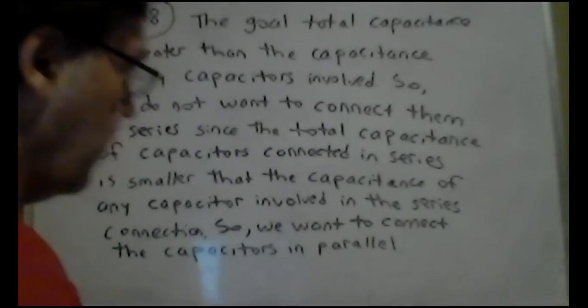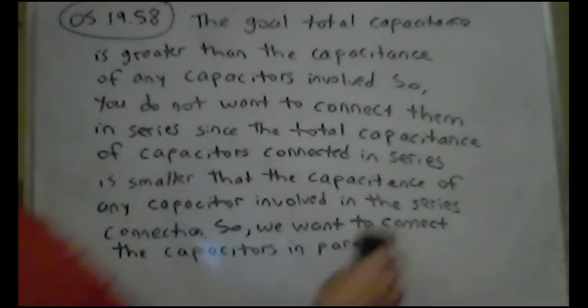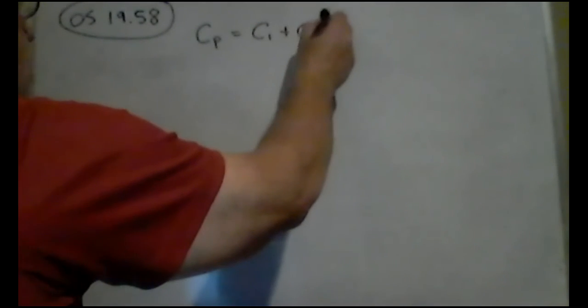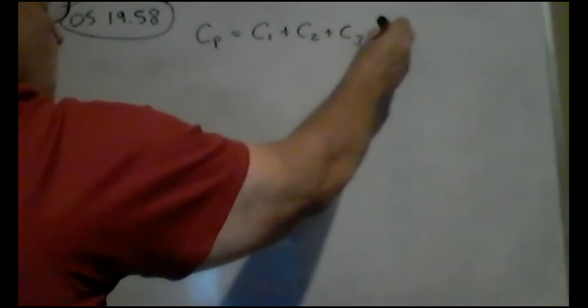We know how parallel connections work. We would just literally add them all up. Well, they're all the same. So capacitance in parallel is going to be C1 plus C2 plus C3 plus and so on.